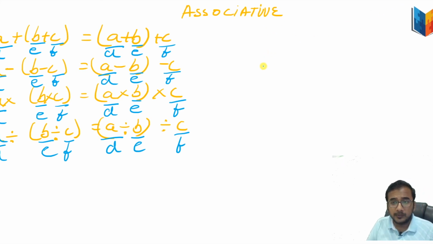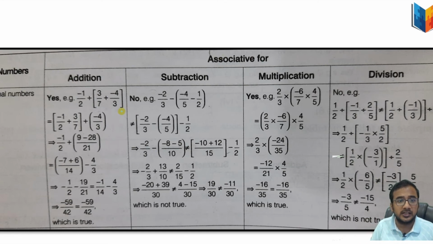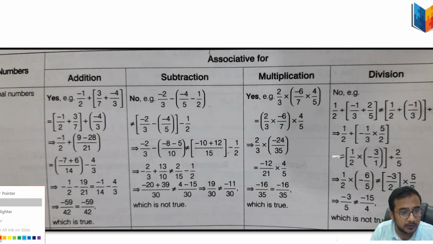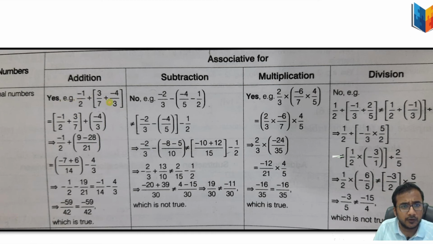Now let us take some examples and try to find the values. Before that, I will just show you some associative examples which I have put in paper form. See, for addition, it is minus half plus 3 by 7.